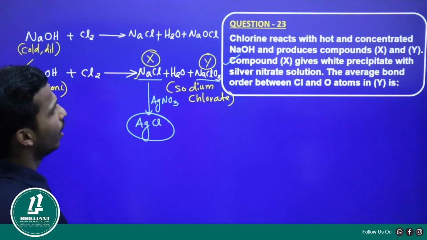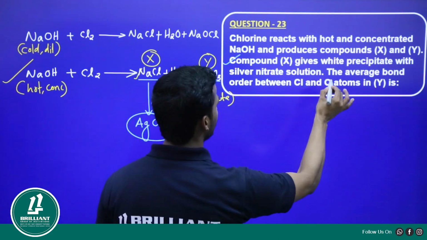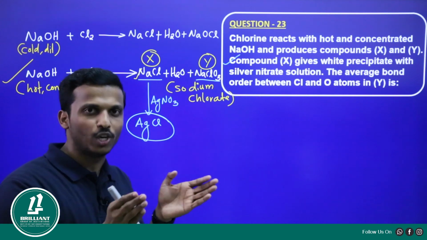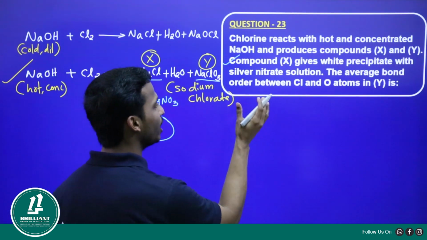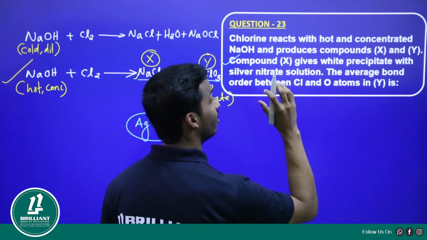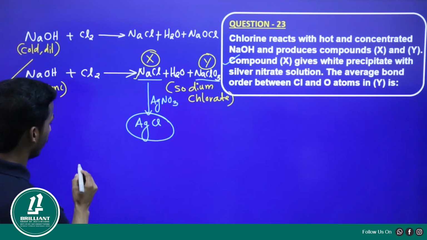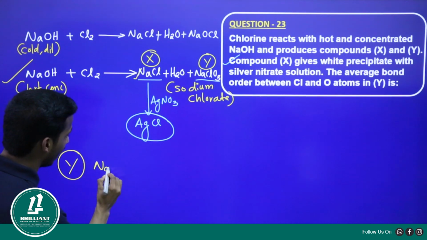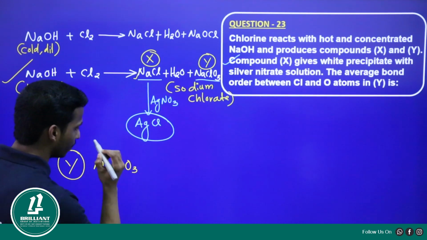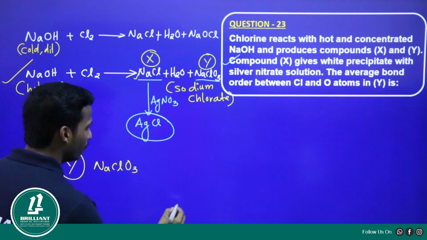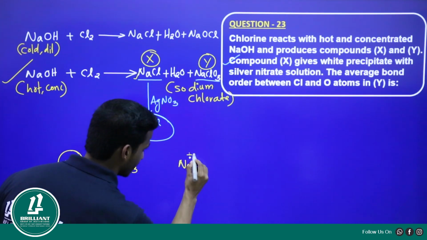Okay, fine. And the average bond order, bond order means what? Number of bonds between two atoms, right? The average bond order between chlorine and oxygen atom in Y. What is the Y compound? Your Y compound is nothing but sodium chlorate, NaClO3. What is the nature of bonding in NaClO3? Na plus.